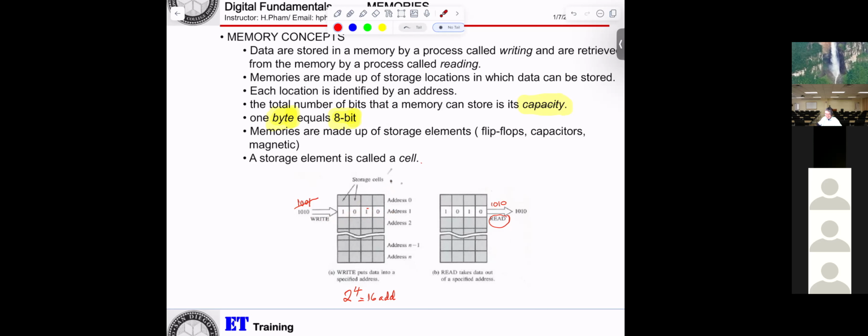However, if you're reading the data from location 1, data comes out. However, in the location the data is still there. It's not erased. Okay? That's the difference between writing and reading. If you have anything confusing, just bring it up. Okay?